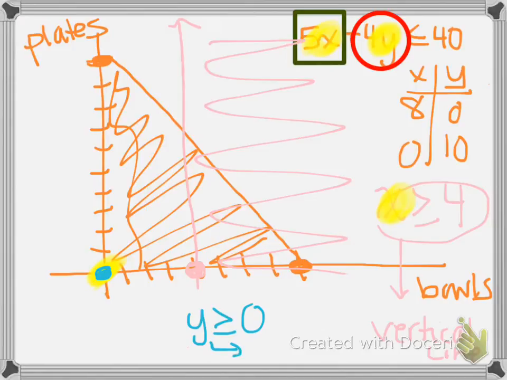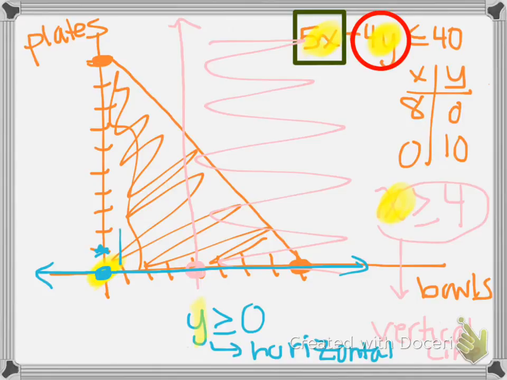Okay? And I'm going to have a horizontal line going through that blue dot. So that's right there on the x-axis. And y is greater than or equal to 0. Well, you can choose a test point of 0, 1. And 1 is greater than or equal to 0. So I'm going to shade up.